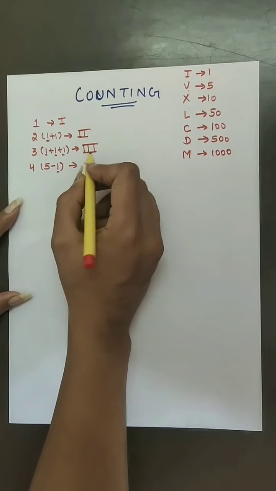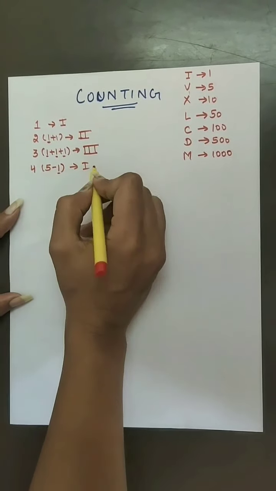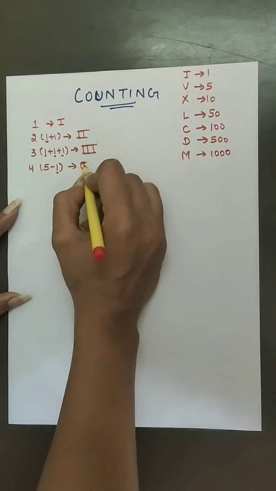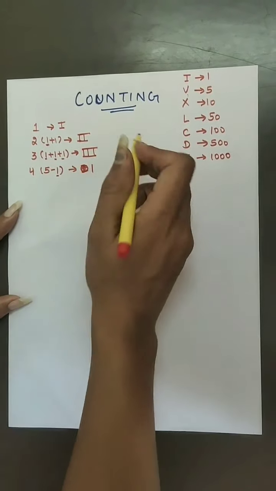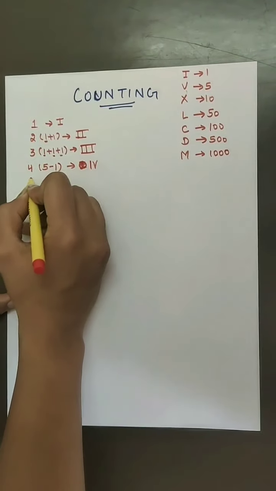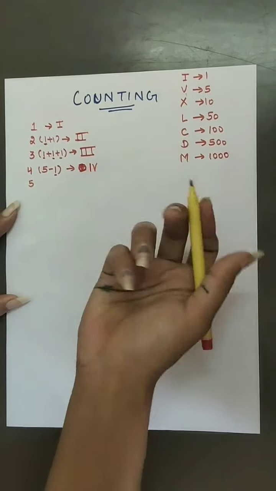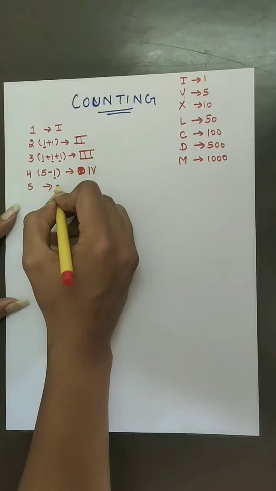What is the symbol of 1? That is I. And what is the symbol of 5? That is V. Now for 5, simply we have its value, that is V.